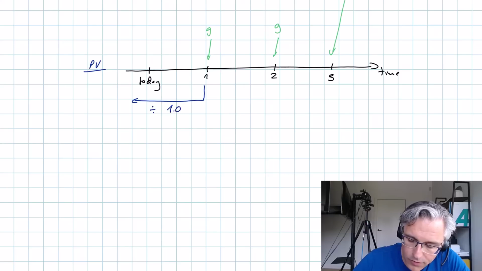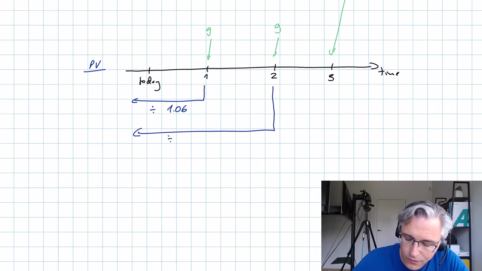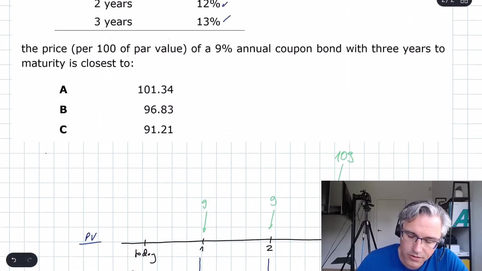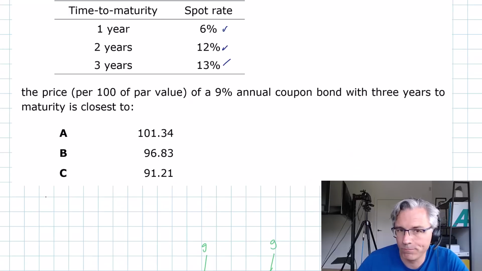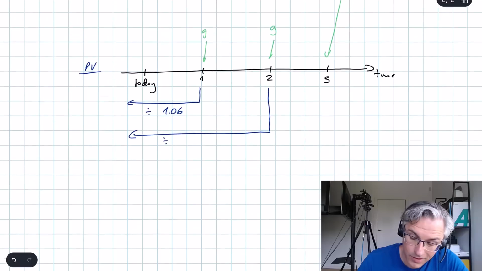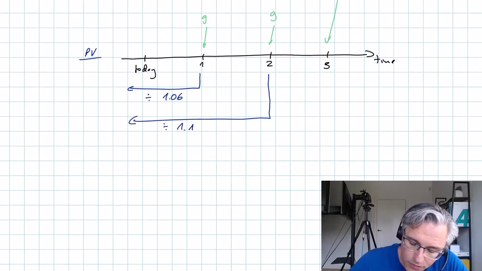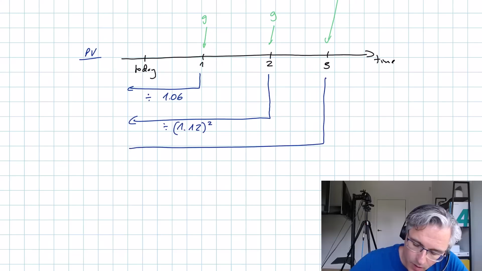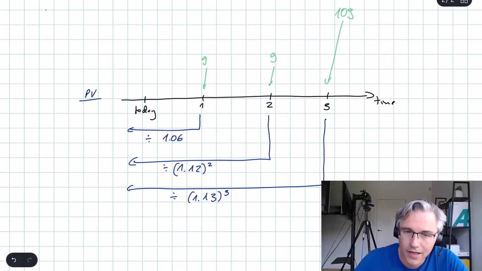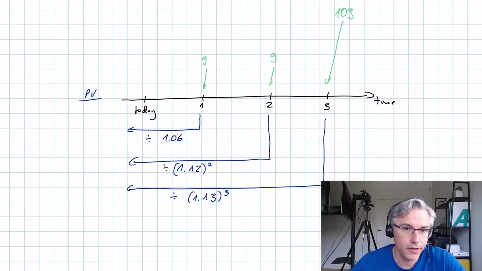So that's 1.06 raised to the power of 1, so just divide by 1.06. Now you do something similar to the second cash flow, but this time using the second of the provided spot rates, or discount rates, 1.12 to the power of 2, and you could do the same thing with 1.13 to the power of 3, so cubed, in respect of the third cash flow.